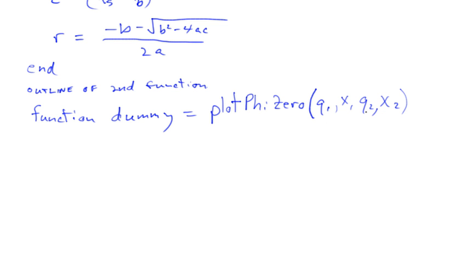So actually the first thing we have to do is set QB equal to the bigger of Q1 and Q2, and XB is equal to the position of the bigger.